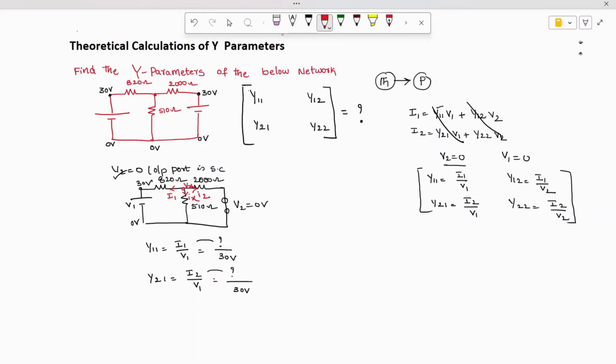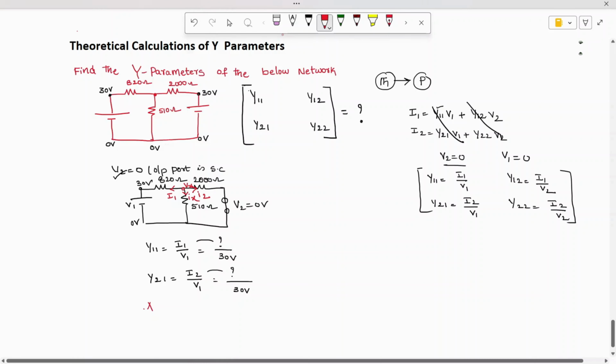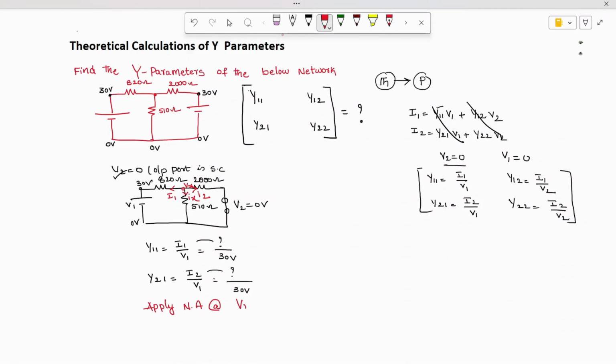Let us try to apply nodal analysis. The first step of solving is applying nodal analysis at the node Vx.